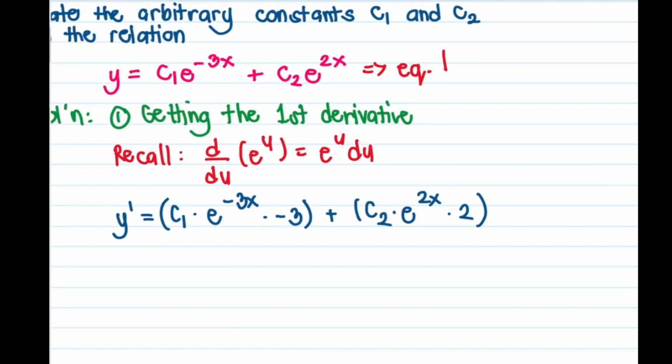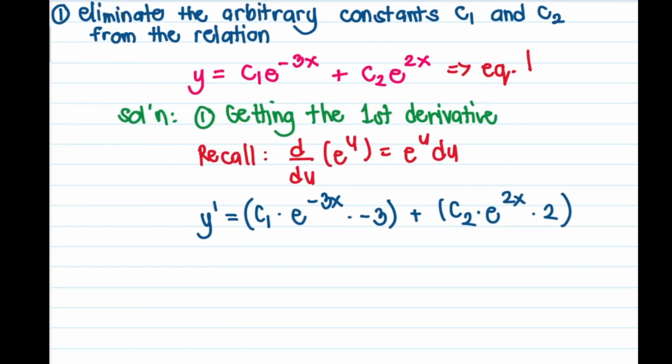Okay? So rewriting this equation will yield, y prime is equivalent to negative 3c1 e raised to negative 3x plus 2c2 e raised to 2x. So this one will be your equation 2.